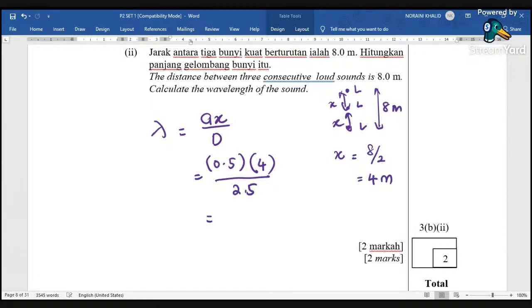So I will get the answer 0.8 meter. Make sure the unit is correct. If you write cm, even though you write 0.8, your answer is wrong, because its value becomes different if we use a different unit. So the answer is 0.8 meter.